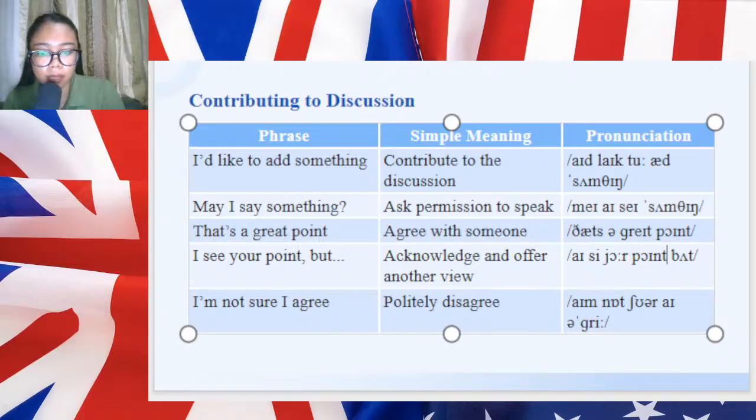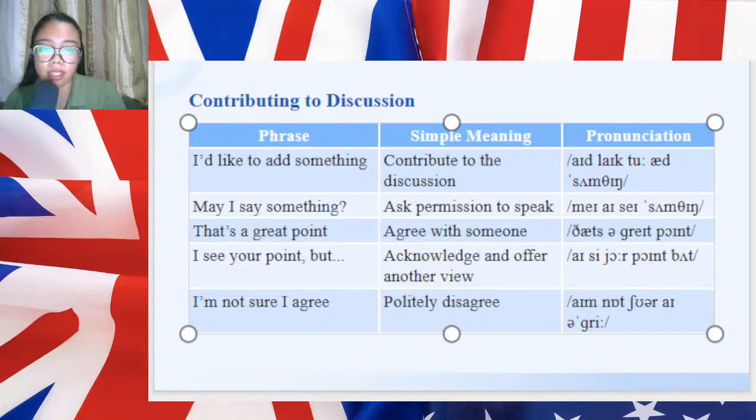And then but. Okay. So you say this again with, I see your point, but. So the stressed word here is point. So that's where the stress comes from. So I see your point, but. Okay? You do that. All right.